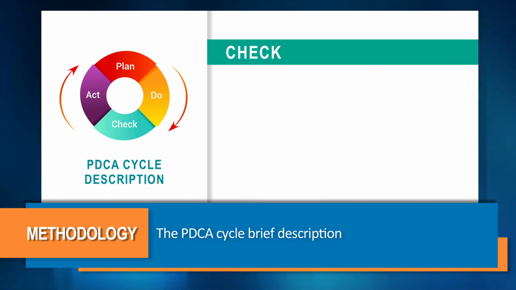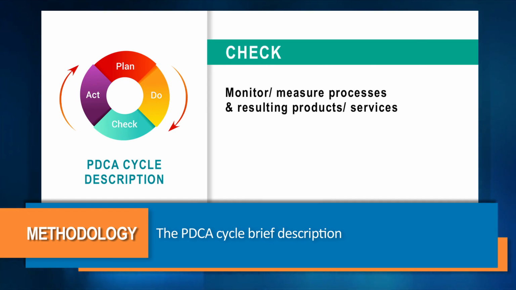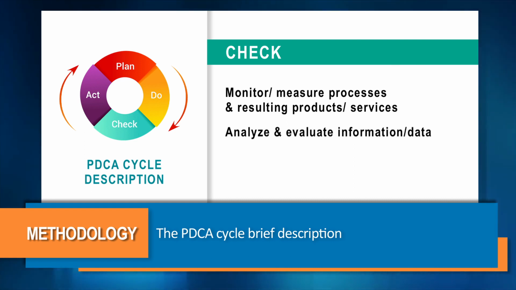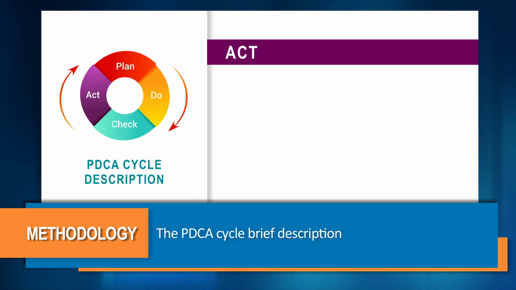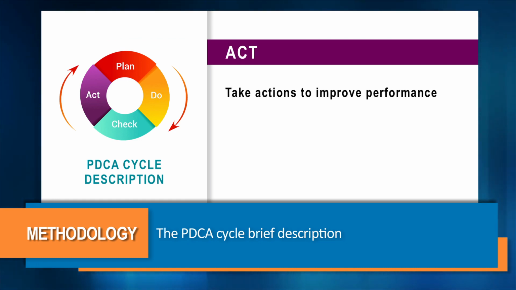Check. Monitor and, where relevant, measure the processes and the resulting products and services. Analyze and evaluate information and data for monitoring, measuring, and verification activities, and report the results. Act. Take actions to improve performance as necessary.